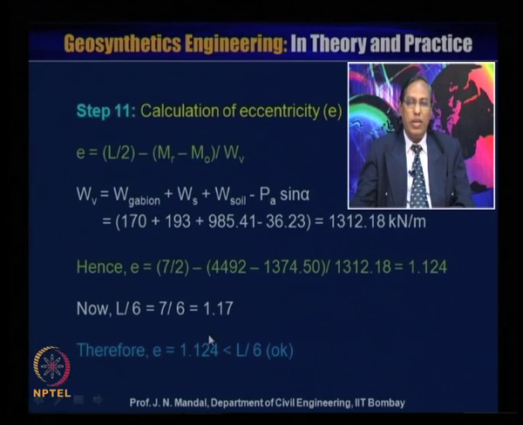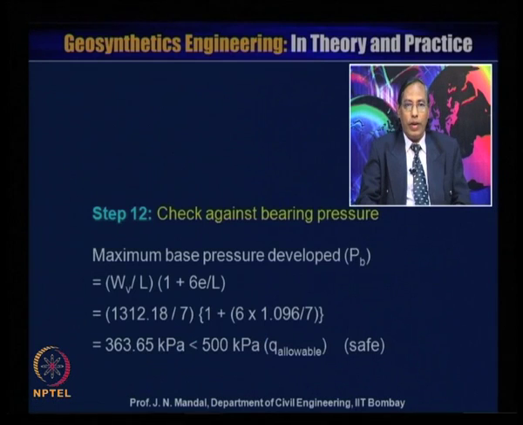So now L by 6 is equal to 1.17. So therefore eccentricity E 1.124, which is less than L by 6, then it is okay. Step 12, check against bearing pressure.